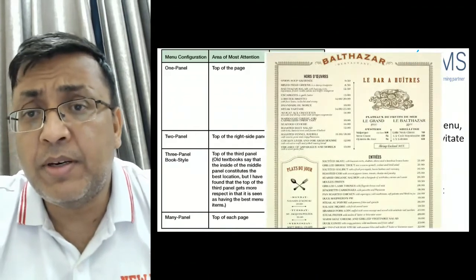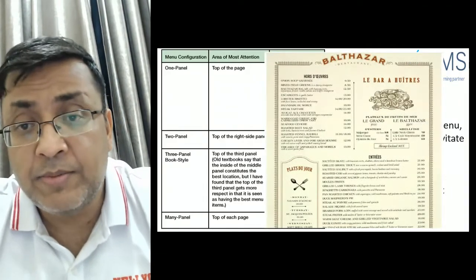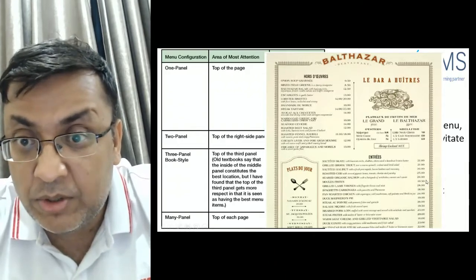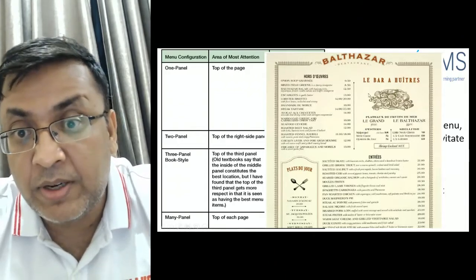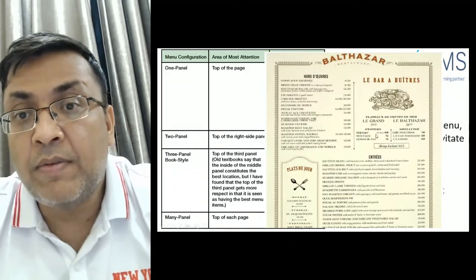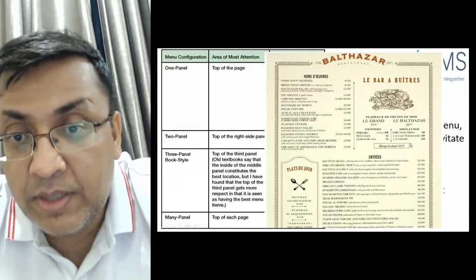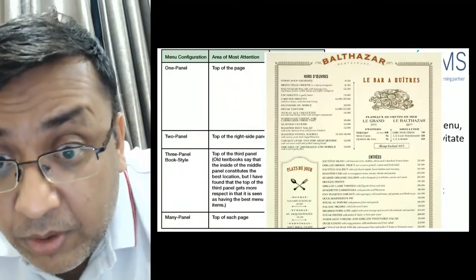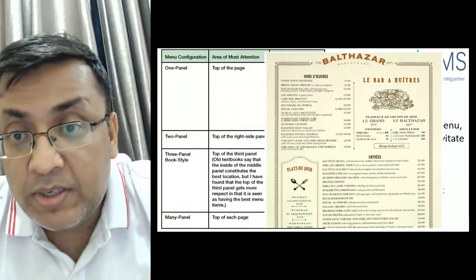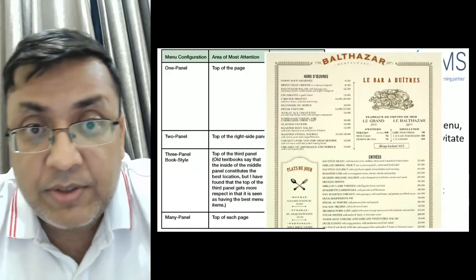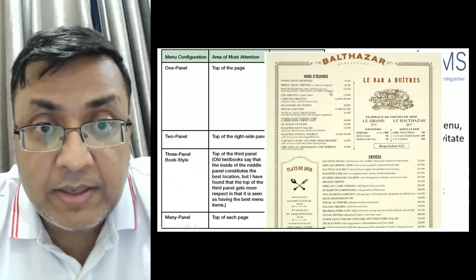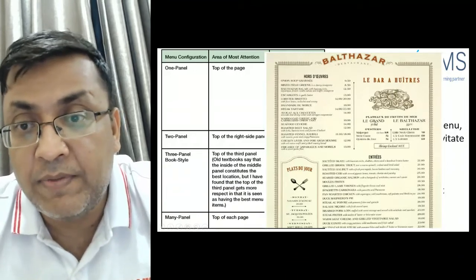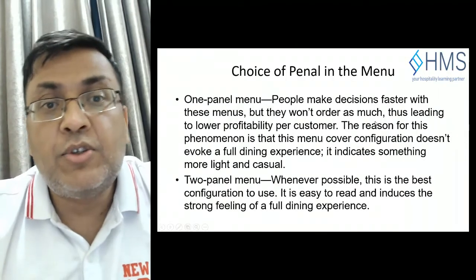Here's an example where you can see the most expensive items, oysters and shellfish, being sold on the right side corner, and other items are put on the left side of the panel.